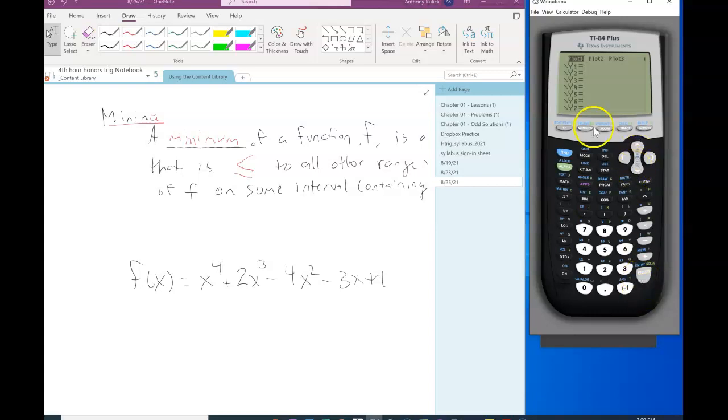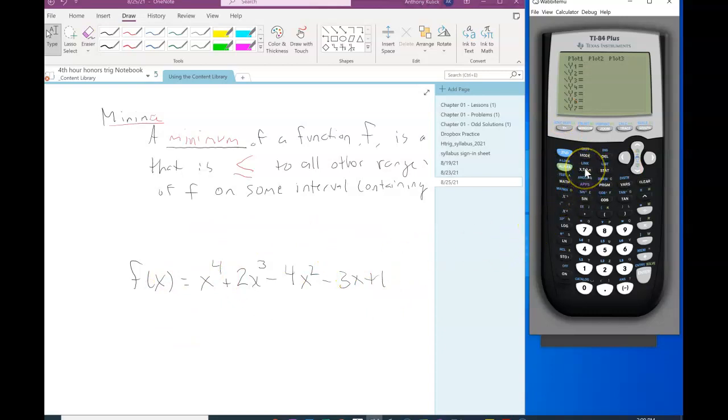The next thing I'm going to check is up here at the top where it says plot 1, plot 2, plot 3. I don't want any of them highlighted. So if I notice that my plot 1 is highlighted, I'm going to scroll up with my arrows and just press enter to unhighlight it. Once I've checked to make sure everything is cleared out and all my plots are off, I'm going to type in my function exactly as it looks on my sheet of paper.